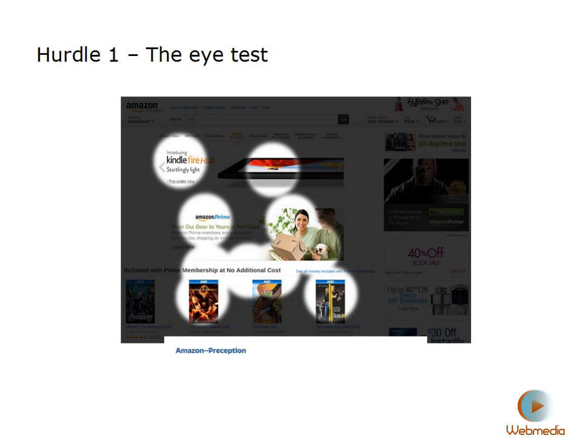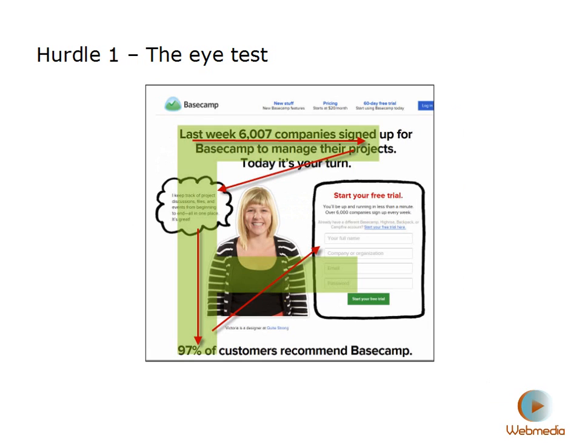And the eye basically sums up those issues very, very quickly to ascertain whether it's worth investing more valuable time in your web pages. So the more you can do to comfort that consumer at this stage, the better.